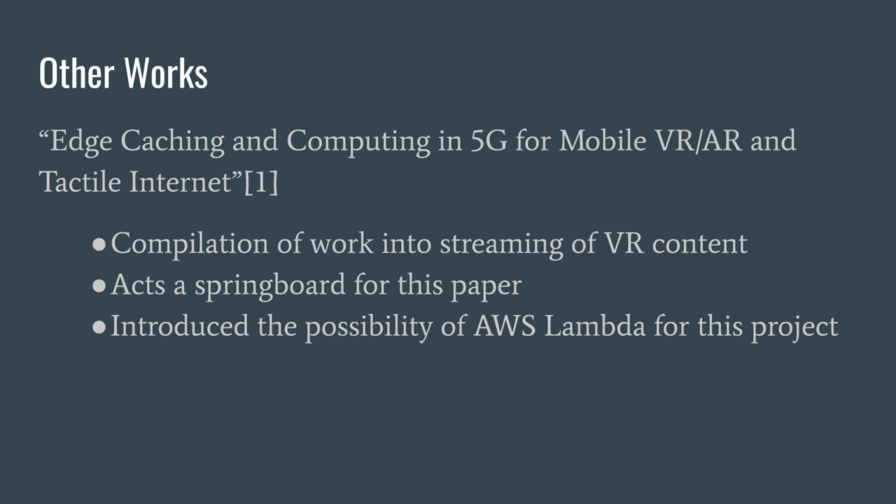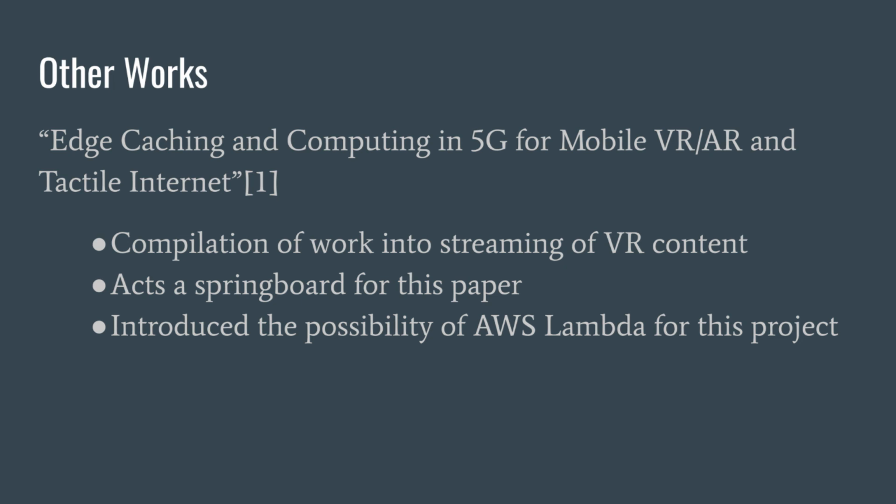The project, Edge Caching and Computing in 5G for Mobile AR, VR, and Tactile Internet, is a compilation of relevant work for 5G streaming of VR and AR. Therefore, this paper was a fantastic springboard for the completion of this paper.